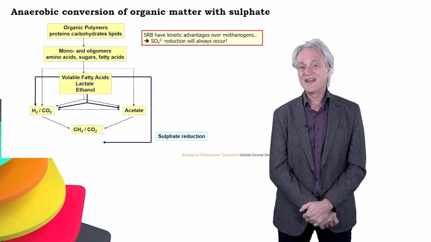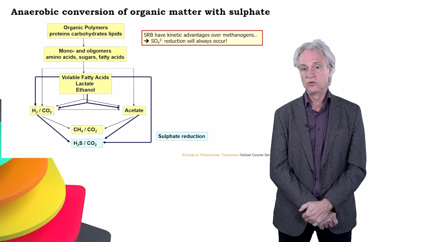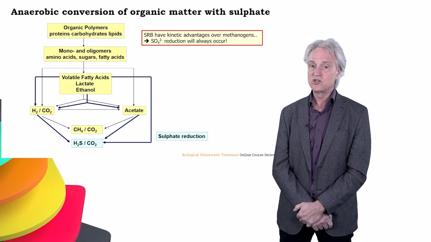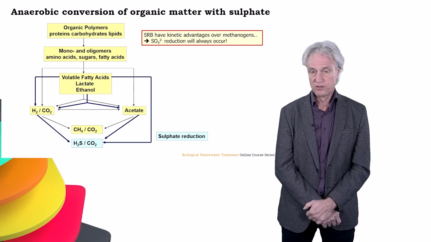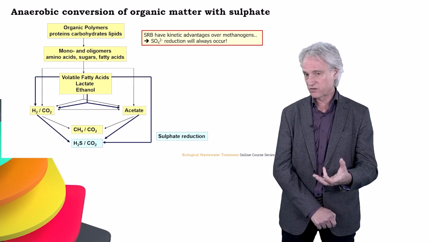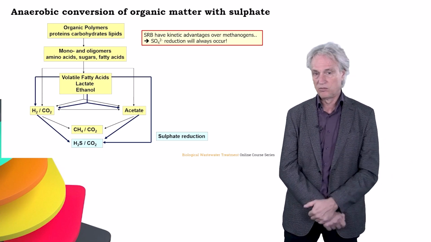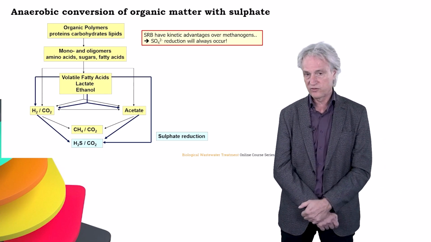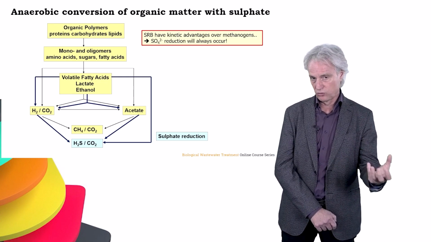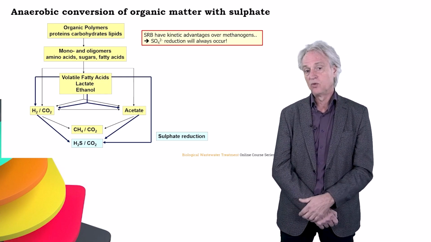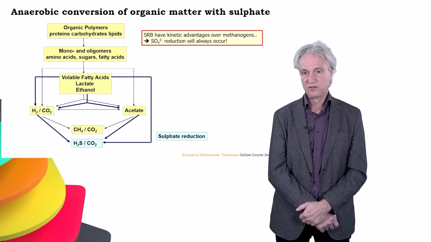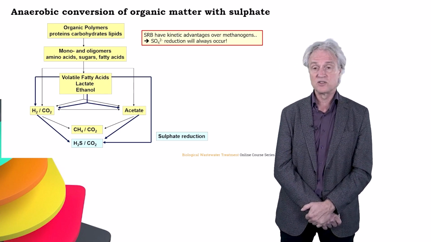And that means that next to methane and CO2, we will also produce H2S. That H2S is a toxic gas, it's corrosive, and may attack your boiler system or your burners. So if you do have sulfate in the influent, we have to clean the biogas before it's used as an energy source.